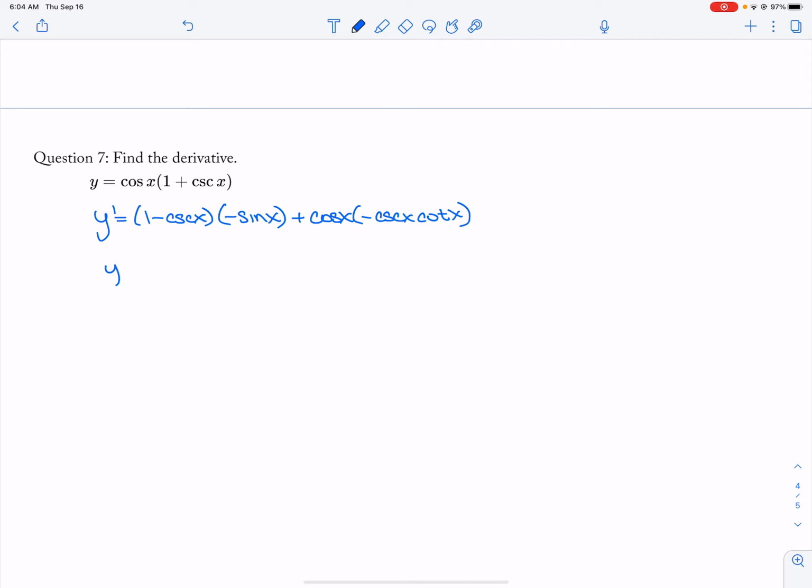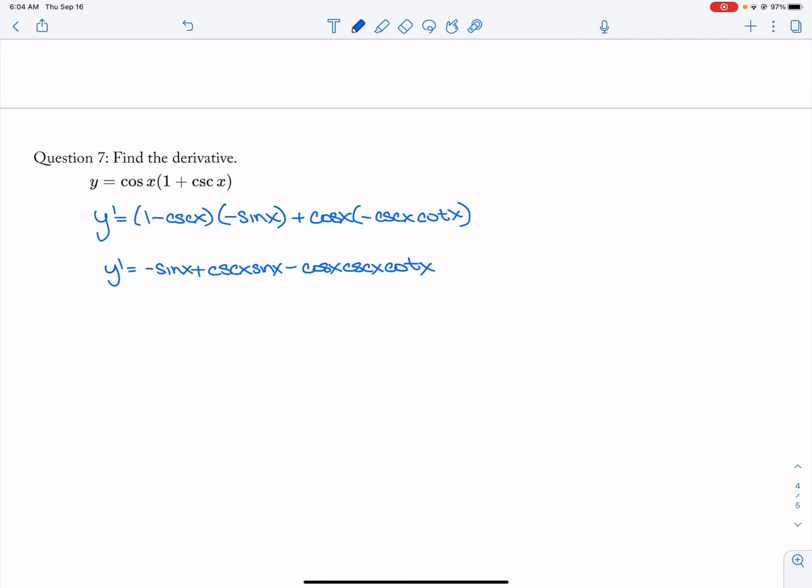So then I have y prime is equal to negative sine of x plus cosecant of x, sine of x plus cosine of x, minus, just kidding, minus cosine of x, cosecant of x, cotangent of x.